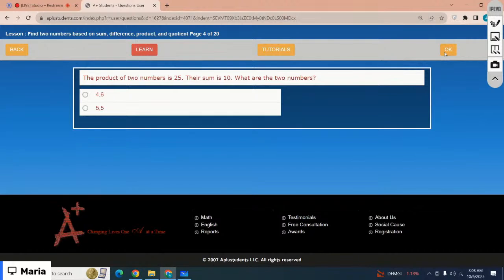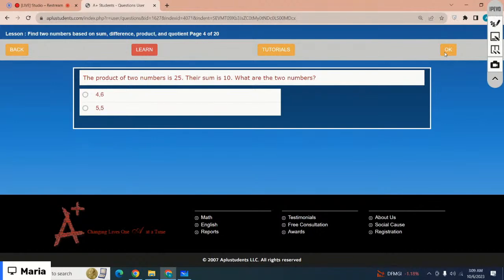The product of two numbers is 25. Their sum is 10. What are the two numbers? Product means when you multiply them, the answer is 25, and when you add them, the answer is 10. Which is the correct option? 6 and 4, when you add them, makes 10, but when you multiply them, they do not make 25.